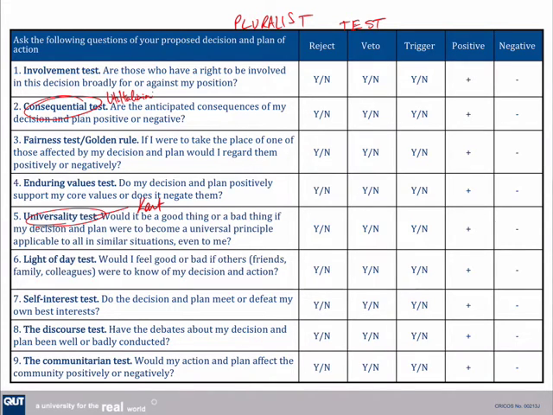Then that might trigger a response in us. Does the answer to the involvement test mean we should reject the action or veto the decision? Or is this the trigger that says, you know what, based on this answer, I think we should do it? You can always do some form of summing of positives and negatives as you go through this, but that's not necessarily the way you can use this kind of tool.